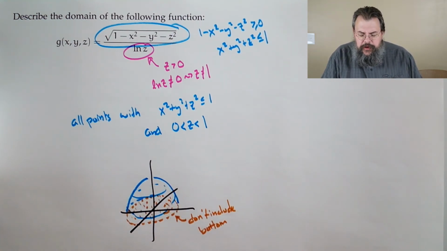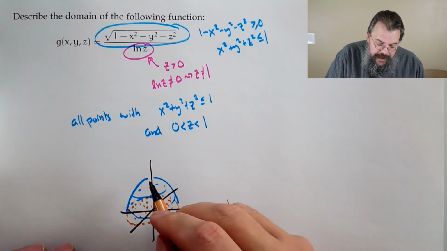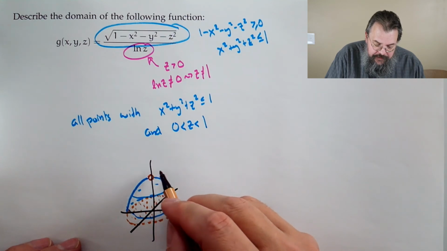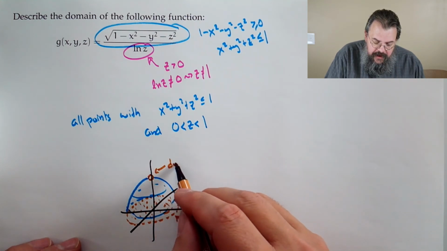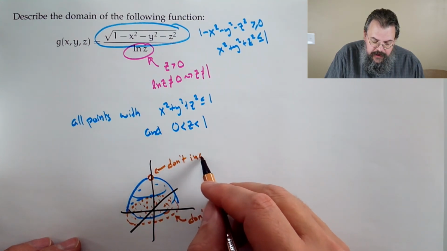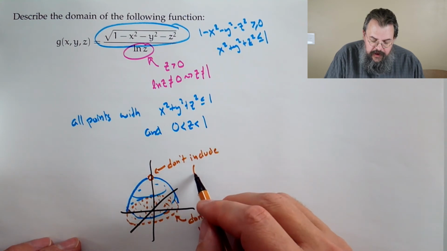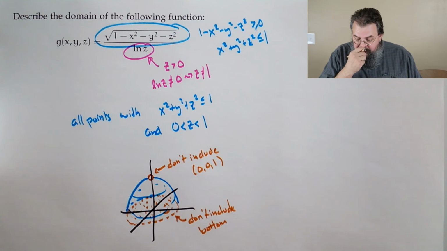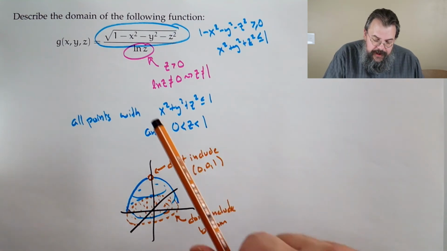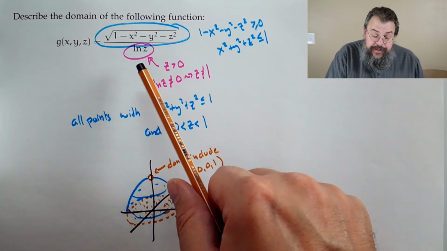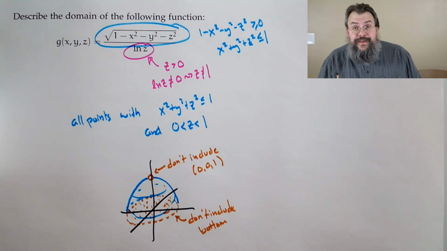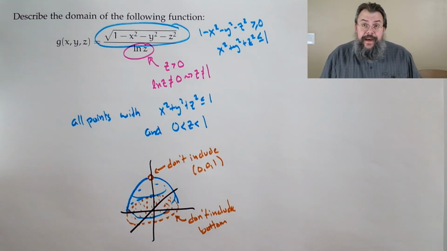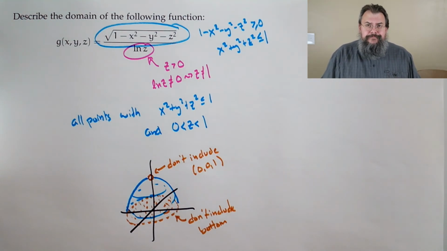So the other thing is we don't include this one point at the very tippy top. So we don't include the point 0, 0, 1. Now you might say, well, Steve, wait, when you plug in 0, 0, 1, yeah, sure you get a 0 downstairs, but you also get a 0 upstairs, right? 0 over 0, that's okay, right?